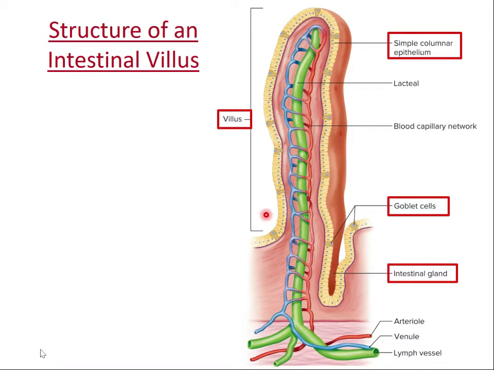Looking individually at the structure of an intestinal villus, these are finger-like projections lined with columnar epithelial cells that also have certain secretory cells within them, and we see lymph vessels and arteries and veins that go there so that they can both take oxygen and bring the nutrients that are being absorbed.